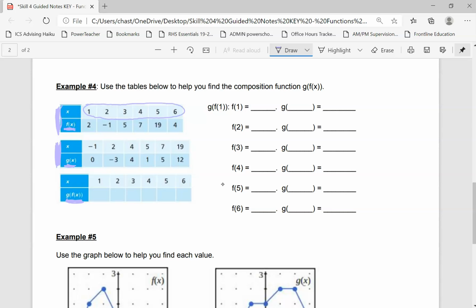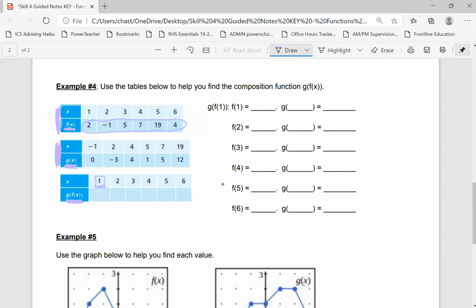And what we're going to do is plug them into our, well, actually, I said that backwards. We want these values, because these are the f of x values. We're going to plug those into our g of x. Looking at this, if I want to find g of f of 1, I'm looking at this 1.